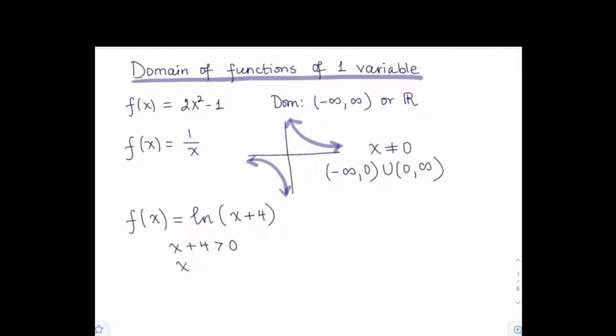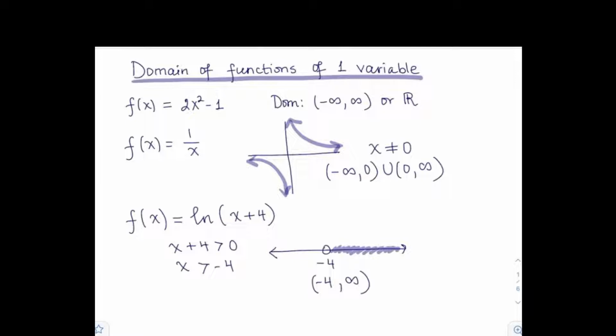So from here, we would say x is greater than negative 4, right? And then the domain of this function would start at negative 4, and we're not including it, and go to the right. So in interval notation, you would say the domain is from negative 4 to positive infinity.